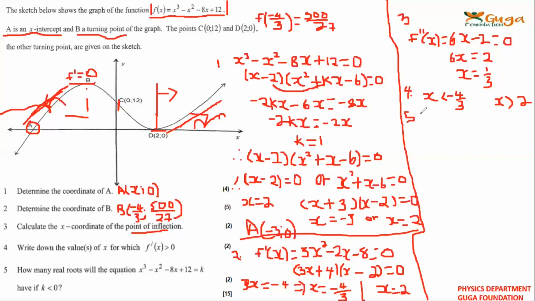Okay, number 5, we are saying how many real roots, the roots, those are the x values. So here they're saying that when y is equal to k, and that k is less than 0, it means that it is negative, right?